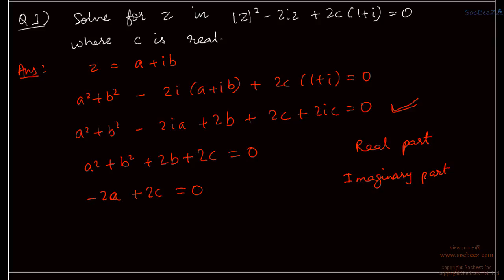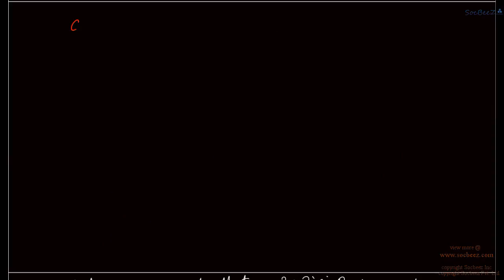Now, from the second one, from the imaginary part, we get that a is equal to c. Right? So let us put this in the first one, and we get c square plus b square plus 2b plus 2c is equal to 0. So b square plus 2b plus c square plus 2c is equal to 0. Now let us solve for b.